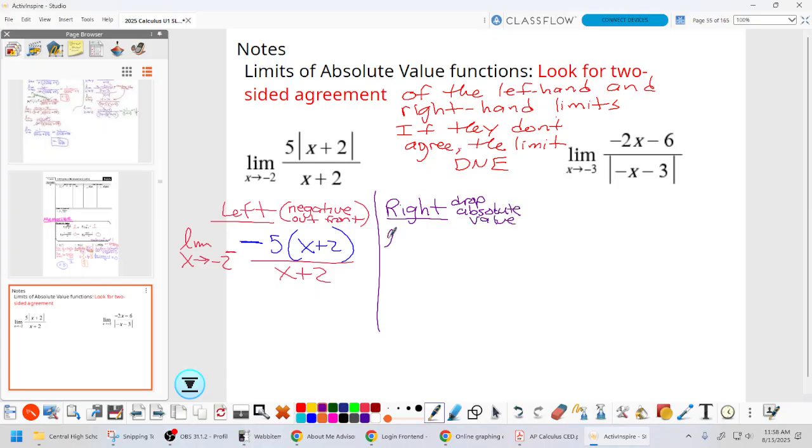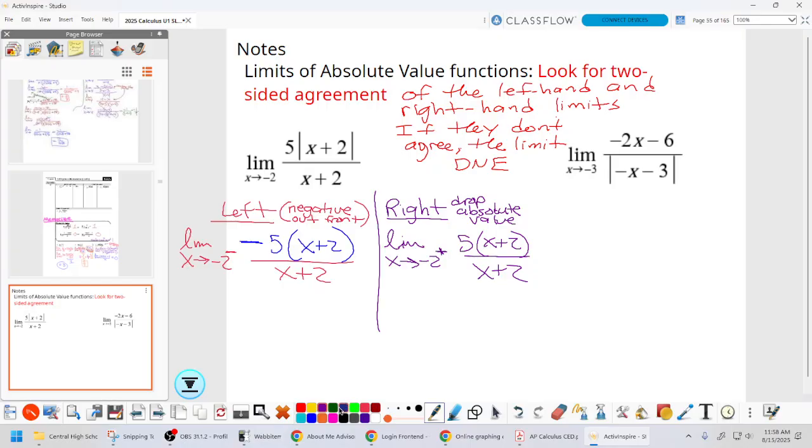So it's limit as x approaches negative 2 from the right is just 5 times x plus 2. From here, it's smooth sailing. Okay, so this is really just remembering with absolute values to split. That's all.